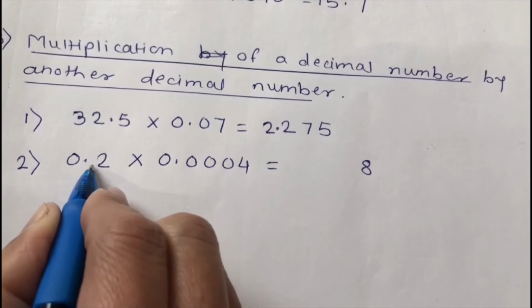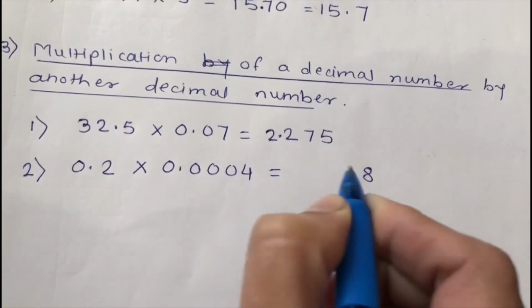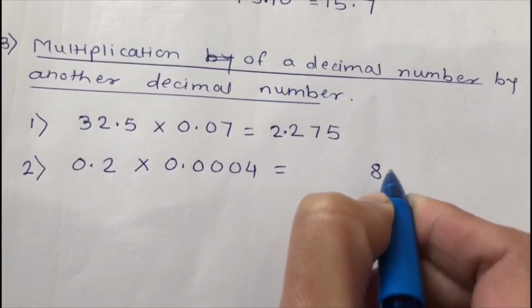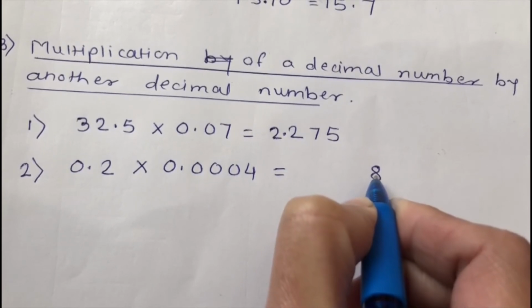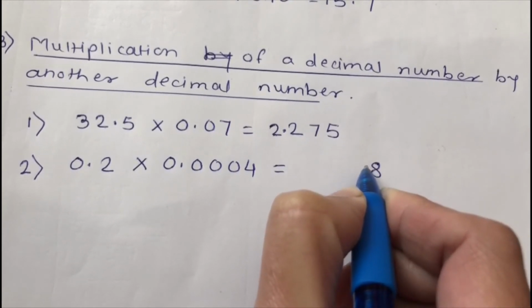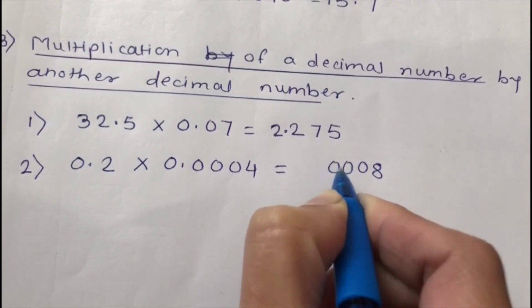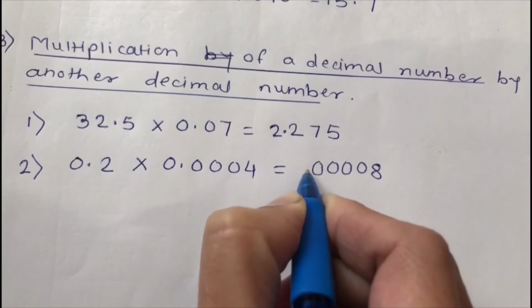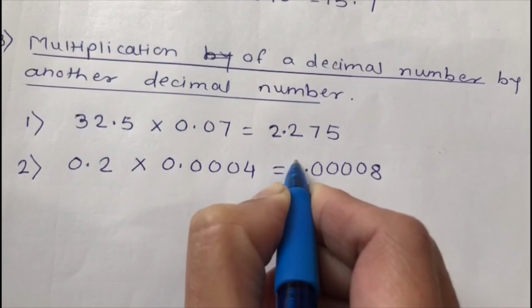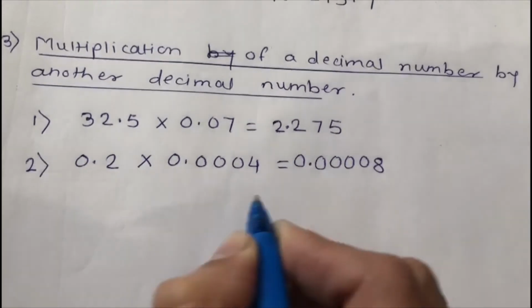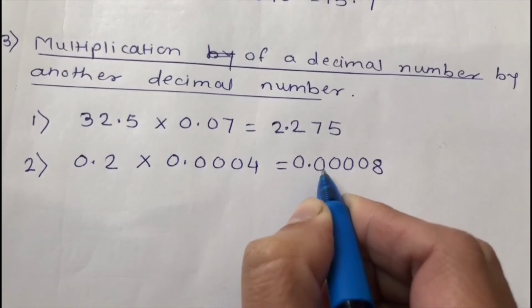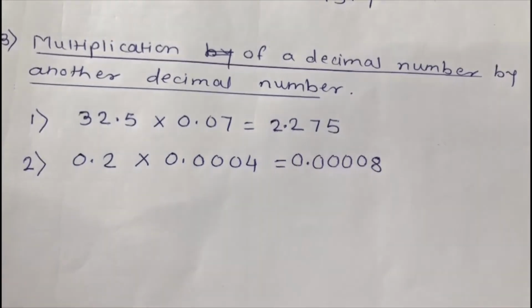So total 1 plus 4 means 5. So in the product we give the decimal point after 5 digits from the right. So 1, 2, 3, 4 and 5. So I give the decimal point here. So we get the answer as 0.00008.